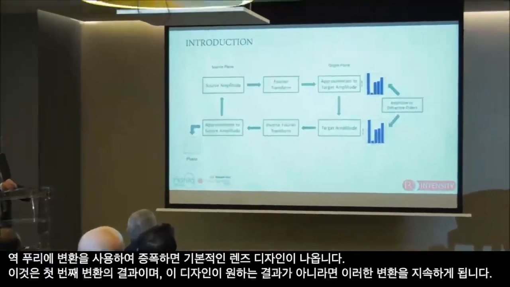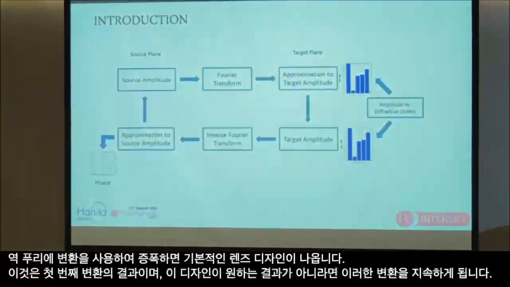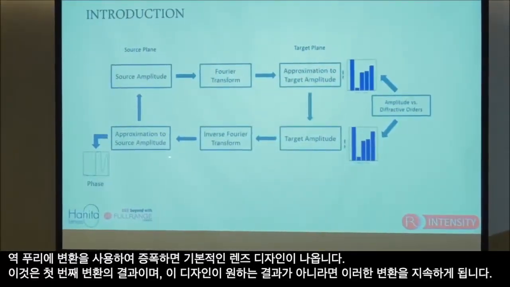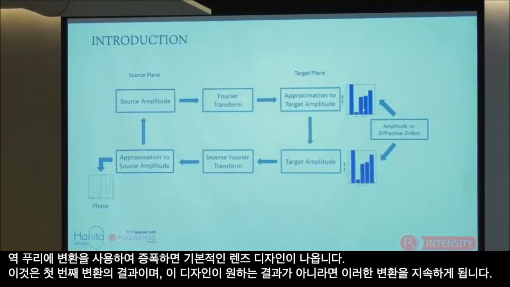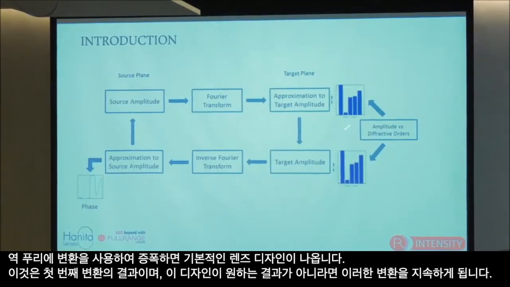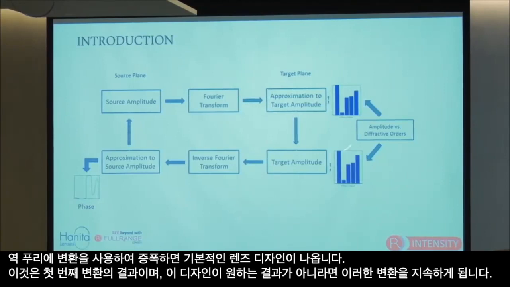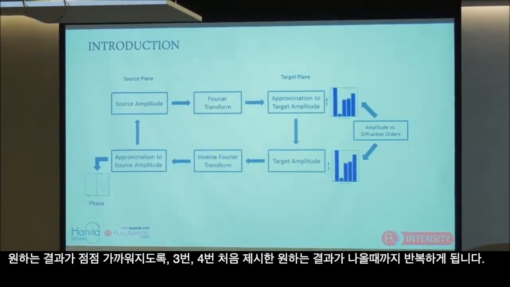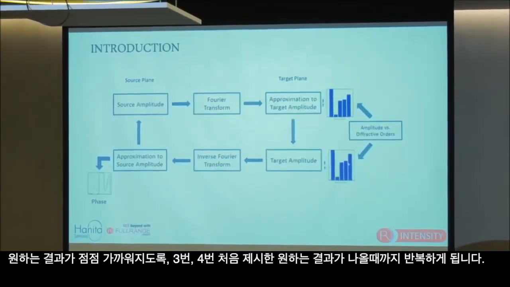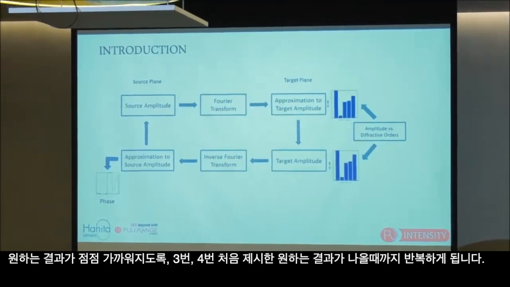Then they make a run of this algorithm with an inverse Fourier transform, and it comes up with a design of a lens. This is the outcome of the first run. If it is not exactly what they designed, they make a second round, which comes closer and closer, and then a third round, and so on, until it becomes more and more similar to the initial desired design.